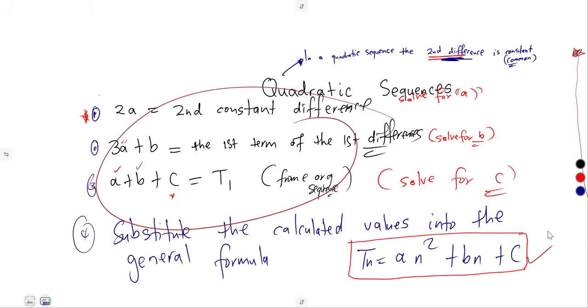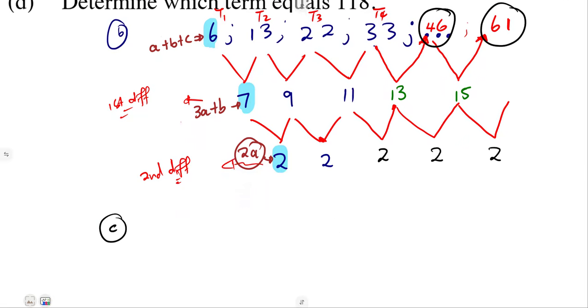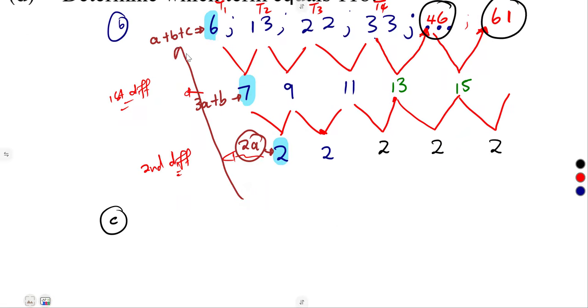That's when you're using this. So you take advantage of what? The 2a, you work it from down, from this going up. Down, going up. All right? So 2a must be equal to what? To 2. If 2a is equal to 2, which is our second difference, therefore we can calculate the value of a by what?